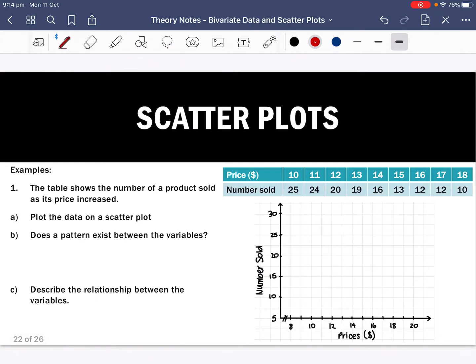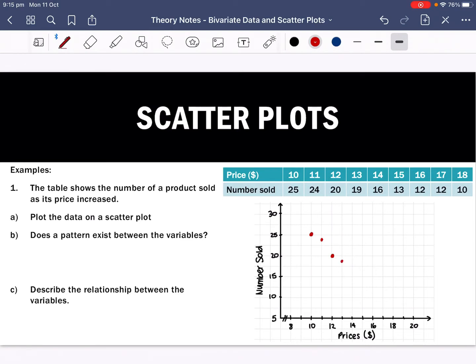Okay, let's look at an example. This table shows the number of a product sold as its price is increased. So we're going to plot the data on the scatter plot. The first point is going to be 10, 25. Then it will be 11, 24. Then it will be 12, 20. Then it's 13, 19.